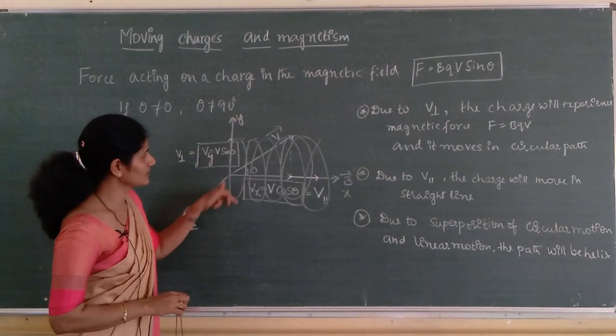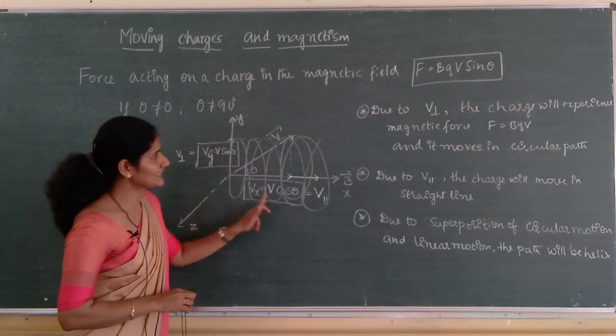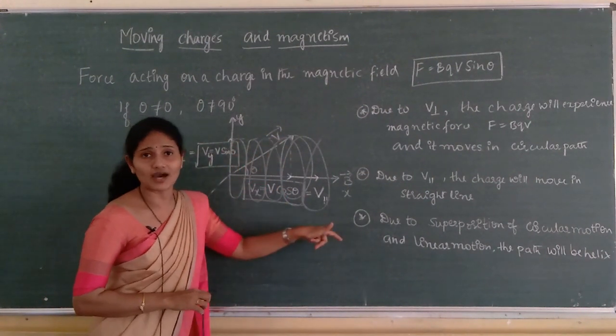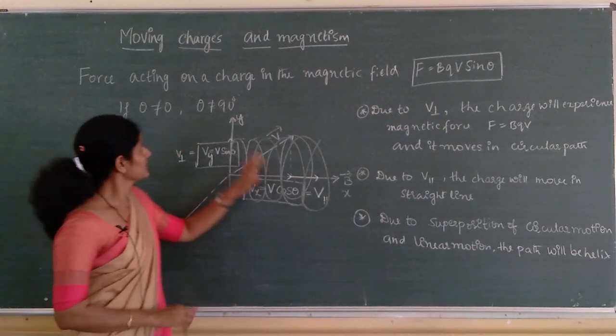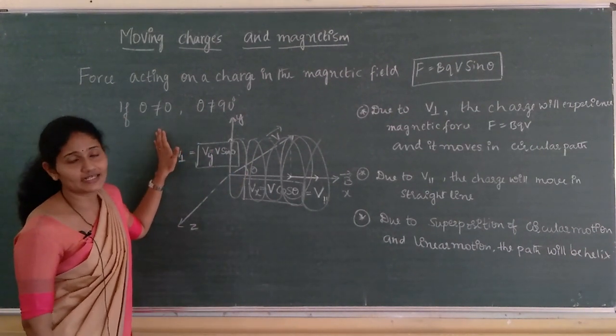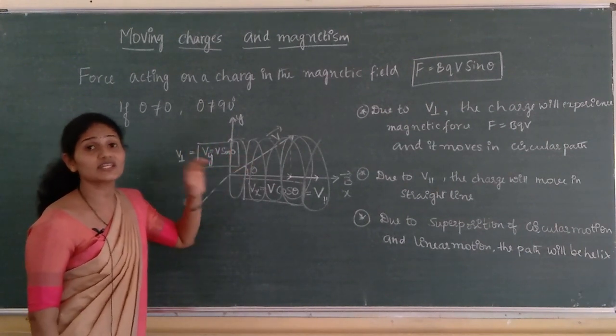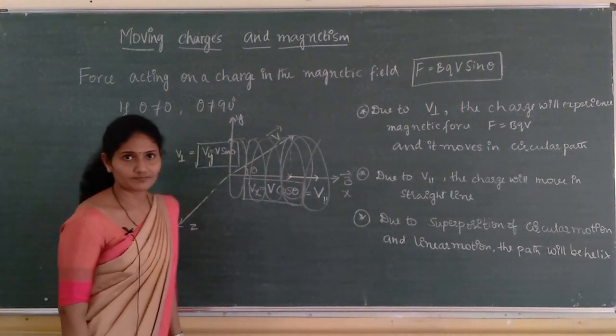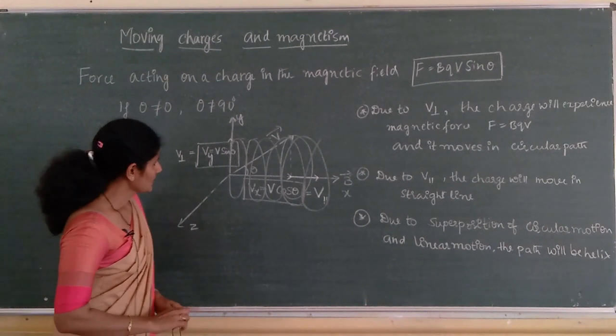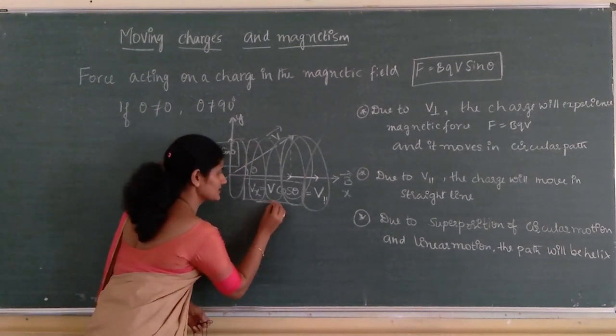So this is nothing but the helix. The particle will follow a helical path when the angle between velocity and the magnetic field is not equal to 0, not equal to 90, not equal to 180 degrees.